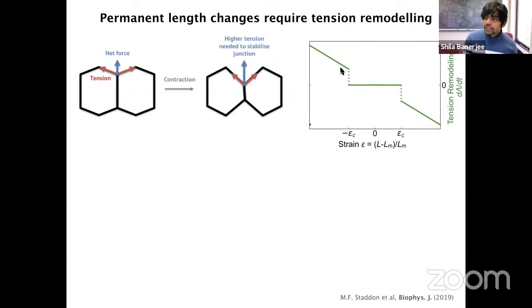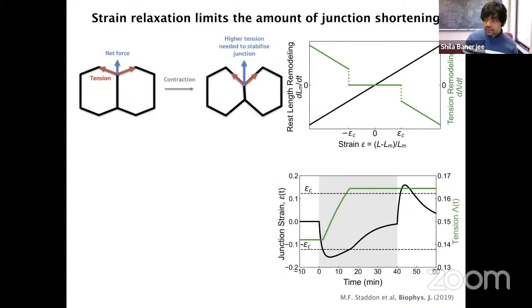But tension remodeling is not enough to stabilize, because with continuous tension remodeling, the junction can just collapse onto itself, okay? So you need some way to dissipate the stress, and that was something we call strain remodeling. So there is continuous strain relaxation in the system to limit the amount of junction shortening.